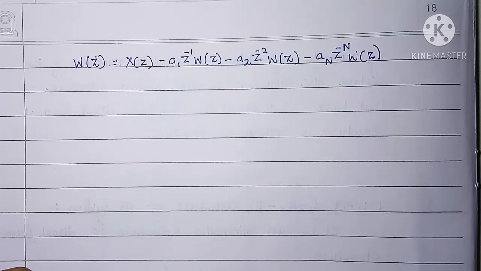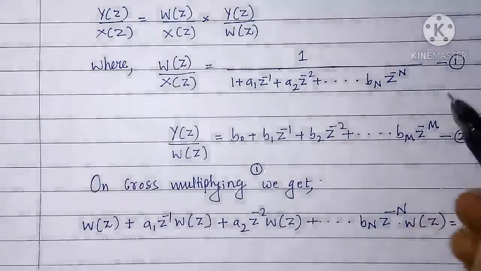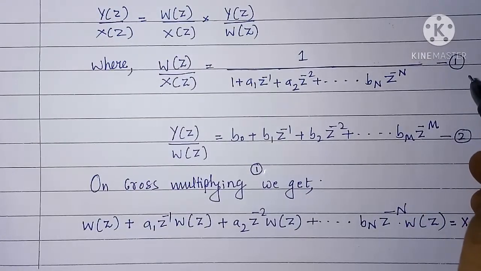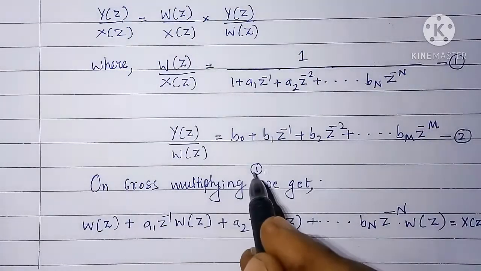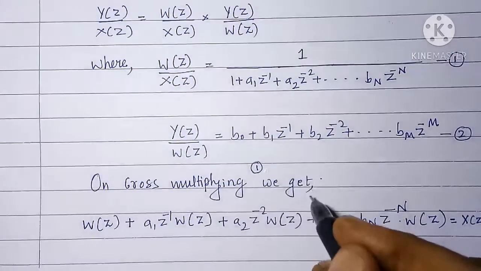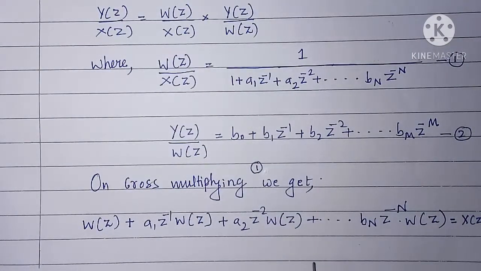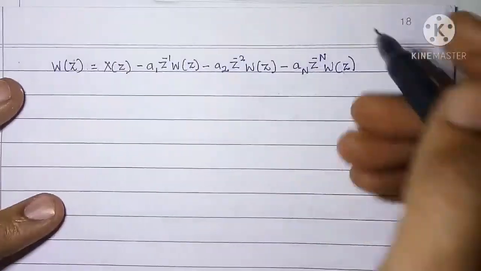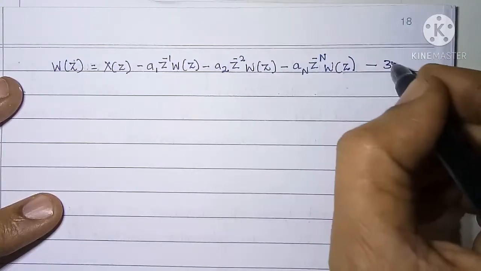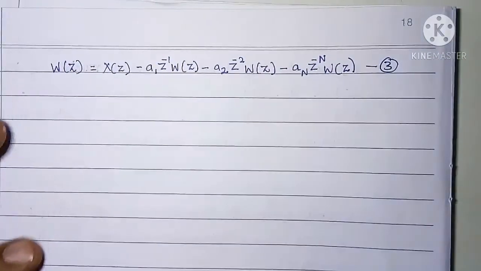We will number the equations for our reference purpose here. You call this as equation 1, this as equation 2, and we will write here on cross multiplying equation 1 we get, now I will call this as equation 3.